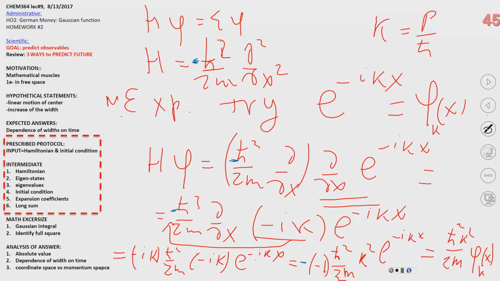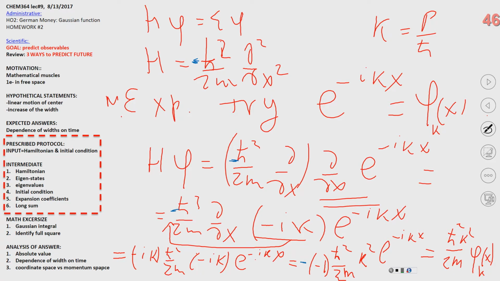So what did we do? We took a guess function and we checked whether it is a solution of the eigenvalue problem. So we applied the Hamiltonian to this function and realized, what a surprise, the function hasn't been changed.